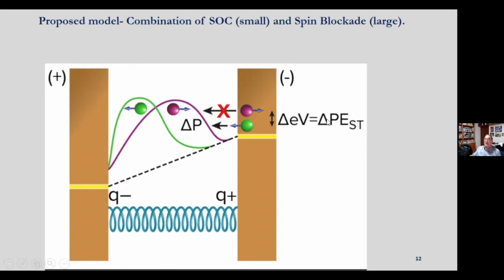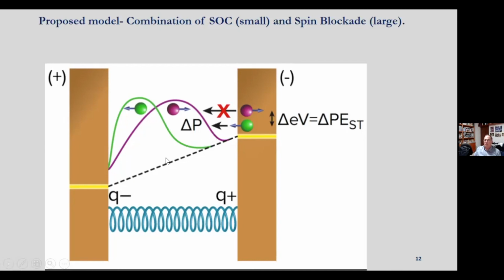And the extra energy is the spin polarization, let's say 3% or so, times the spin exchange interaction, which is basically the splitting between singlet and triplet. It's on the order of 1 electron volt. So even for only 3% spin polarization due to spin orbit coupling, we get enhancement due to this spin blockade, and the difference in barrier now is 30 milli-electron volt. A huge enhancement. So it's important.